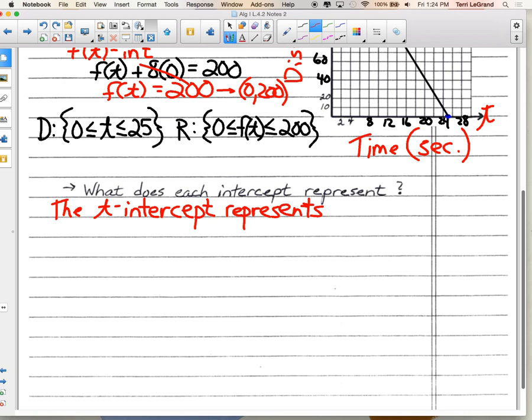Time, so it's representing how long it takes her to run the 200 meter dash, yeah. Represents the time it takes, not the speed, because the speed is actually going to be the slope, but the time it takes. Is her name Trish? Yeah. Okay. To run the 200 meter dash.